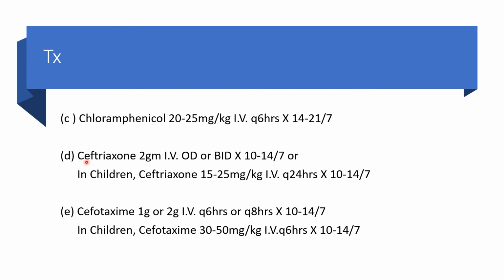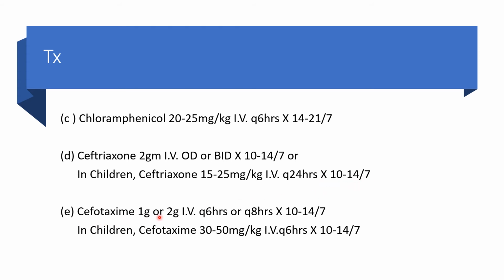You can grab ceftriaxone 2 gram intravenously once daily, and some will go for twice daily for 10 to 14 days. Or if you are dealing with children and you want to use ceftriaxone, you grab your calculator, 15 to 25 milligram per kilogram intravenously every 24 hours for 10 to 14 days.